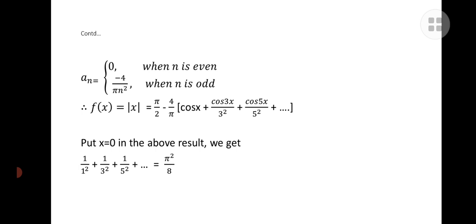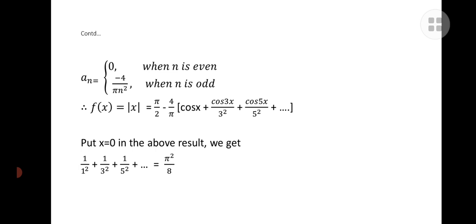So the a_n value is 0 when n is even, and the a_n value is minus 4 divided by pi n squared when n is odd. So the Fourier series of mod of x is equal to pi divided by 2 minus 4 divided by pi of cos x plus cos 3x divided by 3 squared plus cos 5x divided by 5 squared and so on.